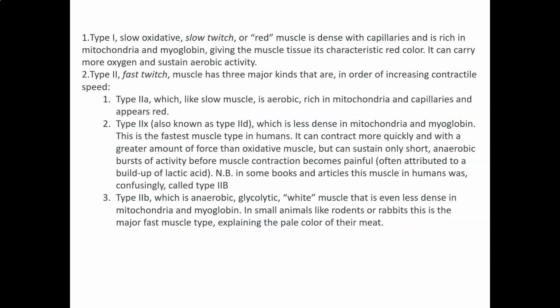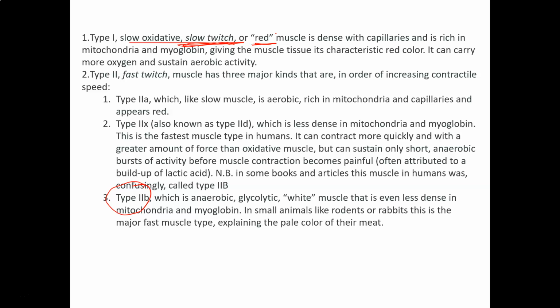Okay, now I copied this from your study plan. And the reason I did is because there is a question where you have to know about type 2B skeletal muscle. Skeletal muscle can either have slow twitch, meaning that the contractions take longer to happen, and this muscle is red.